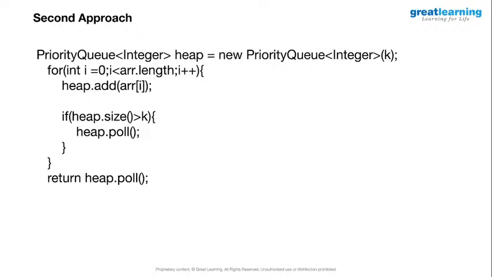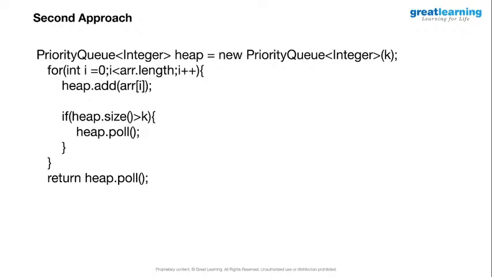In this case it will be order of log k, which is less than the earlier. Earlier we had time complexity of n log n, right guys? Now we will have n into log k, because at most we are adding and removing order of k elements.